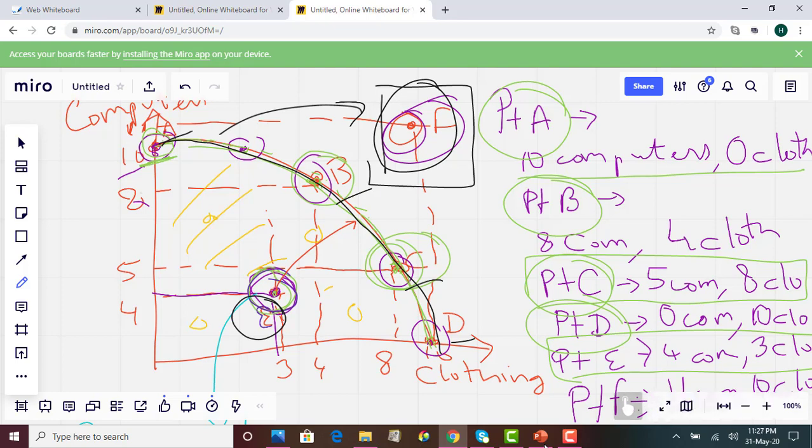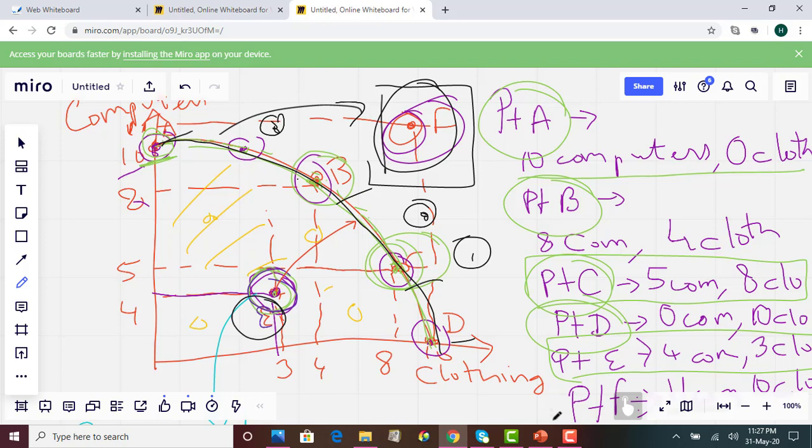We don't have that amount of resources to reach that level of output, because anytime we are operating outside the graph, that is an unattainable or unachievable combination. We cannot achieve that point because right now we don't have the resources or the technology to achieve it. Now in the future it can change, but at this particular point in time this combination is not achievable.